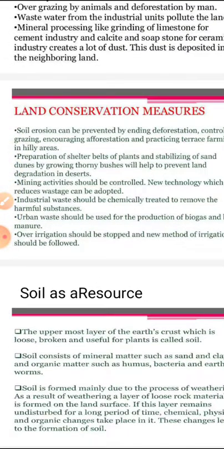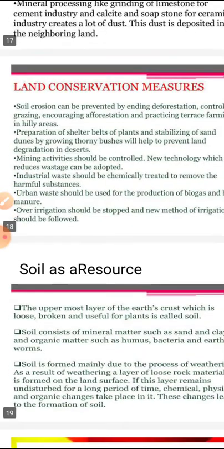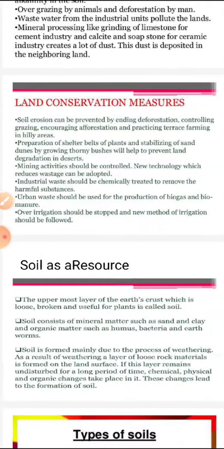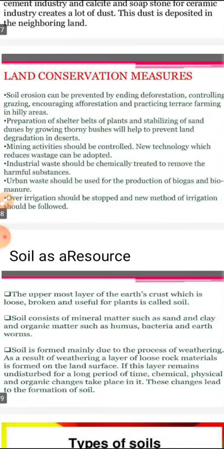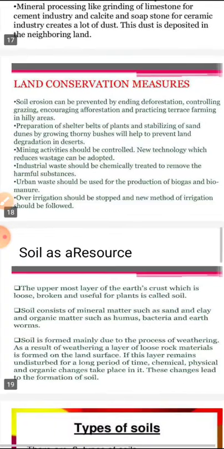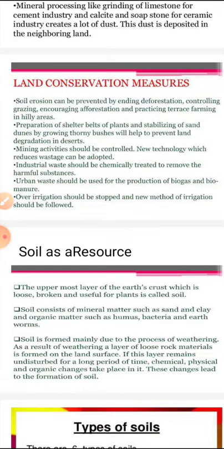After that, we will discuss land conservation measures. We can conserve land in different ways. First, we can prevent soil erosion by controlling or stopping deforestation and grazing, encouraging afforestation, and practicing terrace farming in hilly areas.